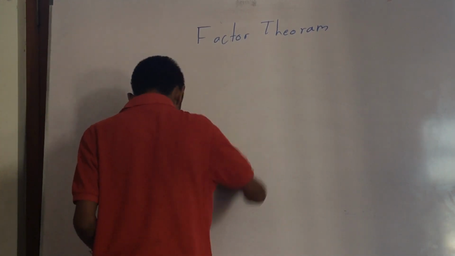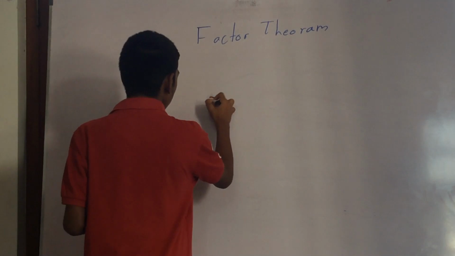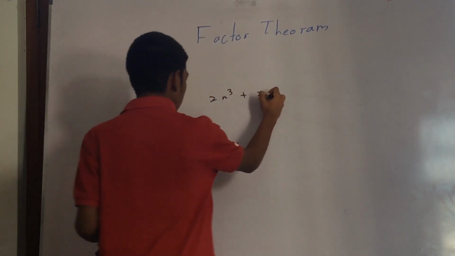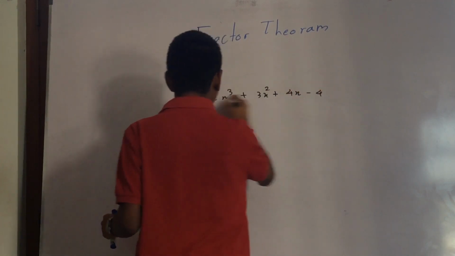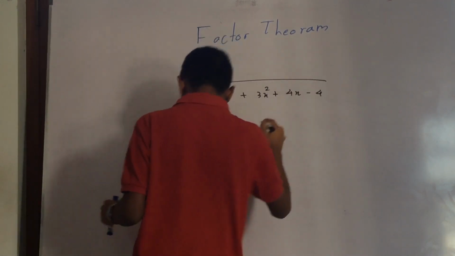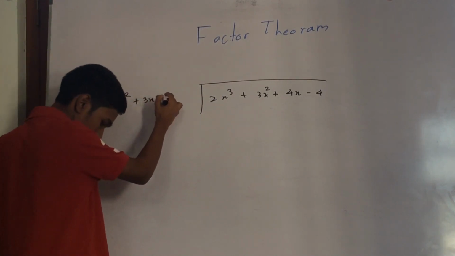Let's divide 2x cubed plus 3x squared plus 4x minus 4 by x squared plus 3x plus 1.